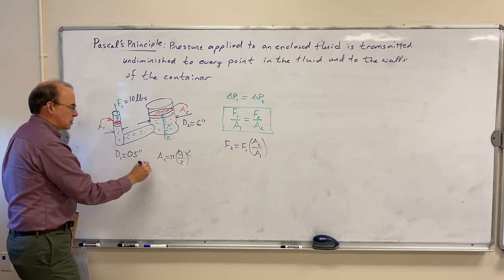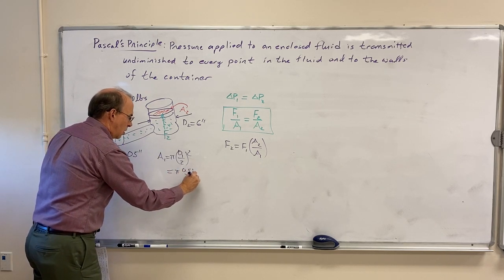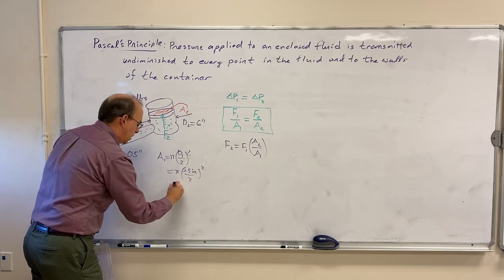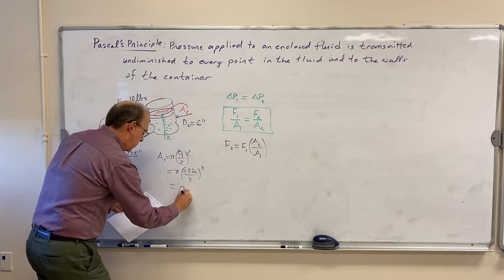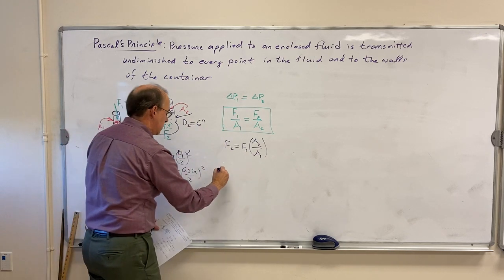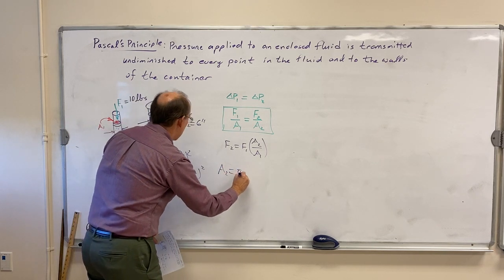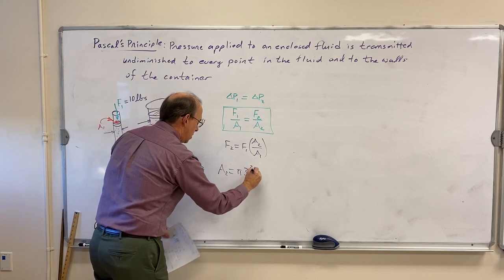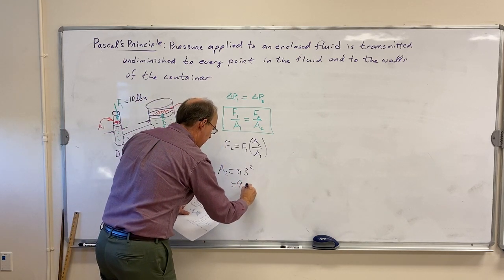That's pi times 0.5 inches over 2 squared, and that is 0.196 square inches. The area over here, A2, is pi times 3 inches squared, excuse me, is 28.3 square inches.